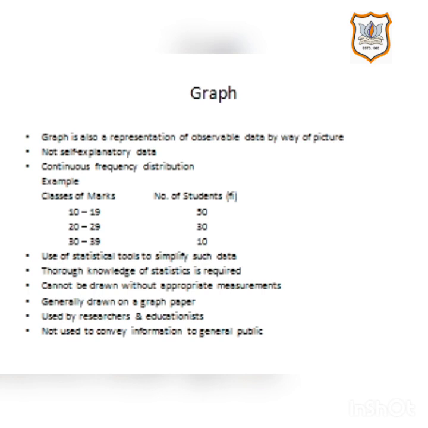Moreover, because a graph can extend over more than one quadrants, out of the four quadrants, that is x and x dash and y dash, therefore a graph cannot be drawn without taking appropriate measurements. As the name itself suggests that it is a graph, so generally a graph is drawn on a graph paper.